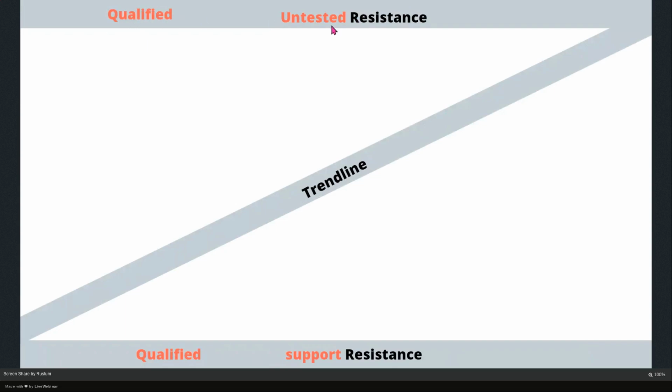The qualified resistance level on top here, what makes it qualified? Andy and Dalvin, what will make this resistance level here qualified resistance? Remember, we are looking at the market state here.